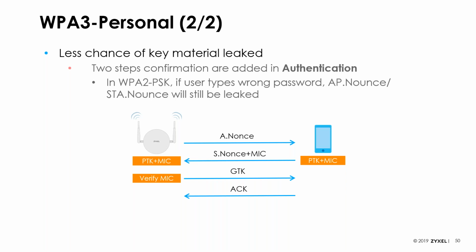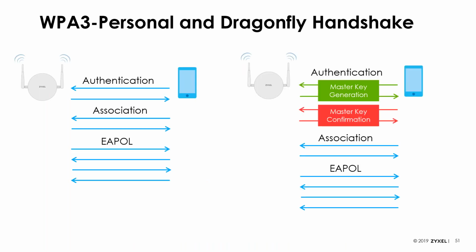Therefore, WPA3 personal adds two steps to verify the password directly in the authentication process. So the afterwards handshake won't happen if the password is wrong. So there is less chance of the material being leaked because of this process before the association.